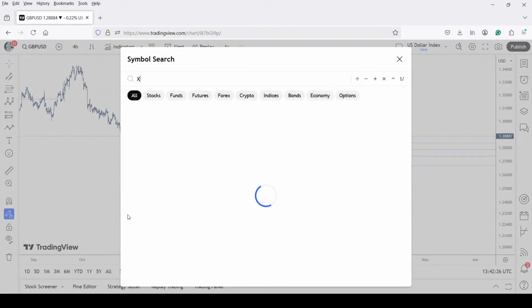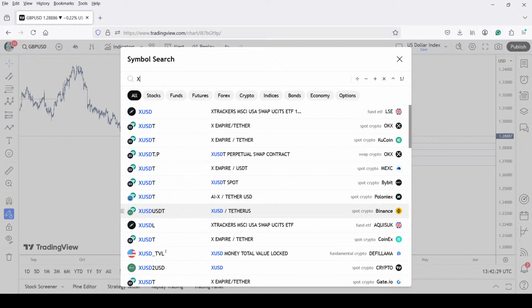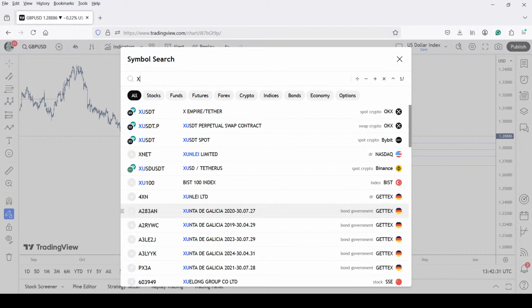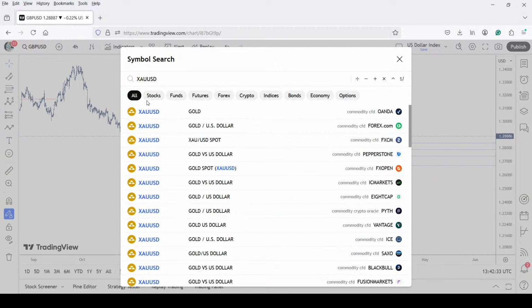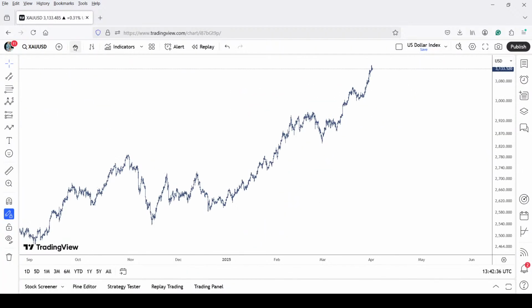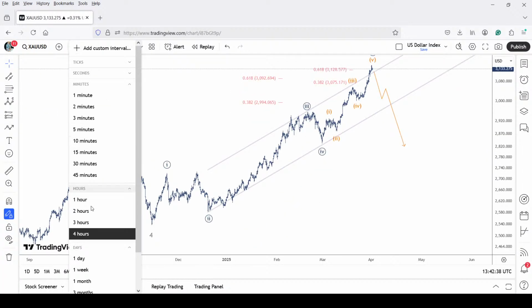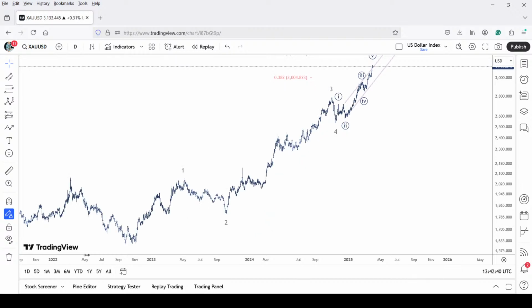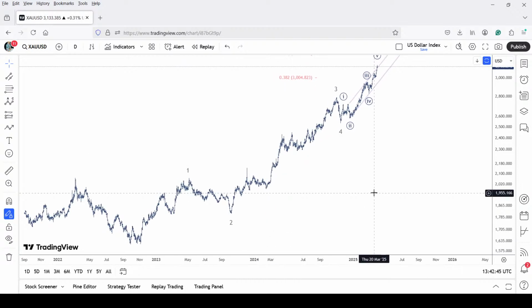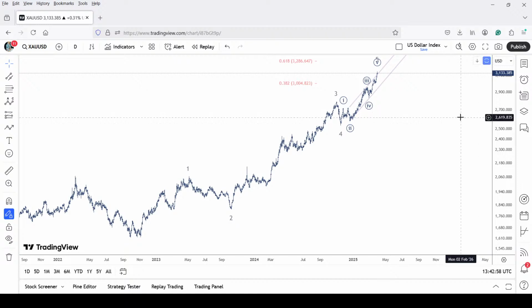Let's have a look at one of the most favorite trading instruments, which is gold. We'll bring up the daily chart first, and the yellow metal is actually hovering around the same price that we were discussing in the previous session during the London time. You see, minor wave 1, 2, minor wave 3, 4 are almost complete, with minor wave 5 also on the verge of completion.